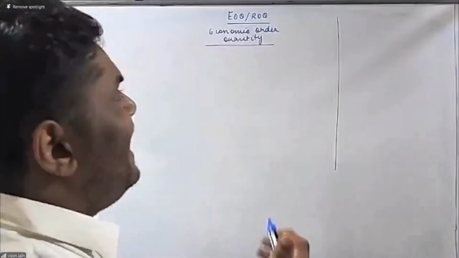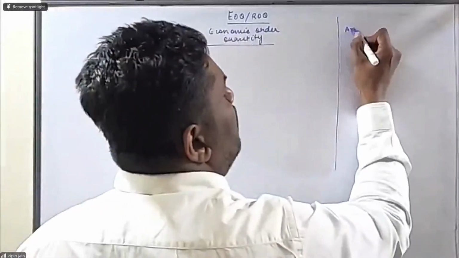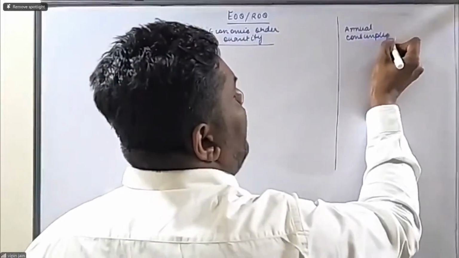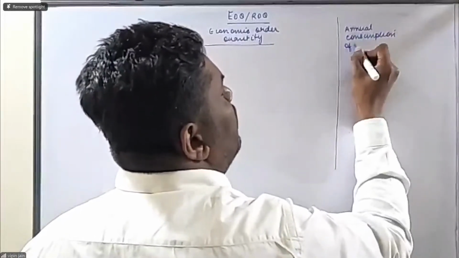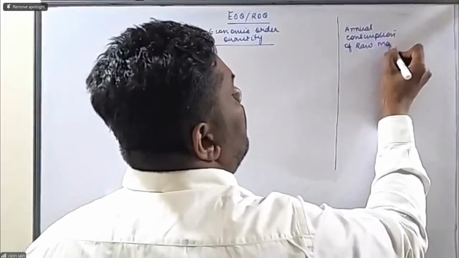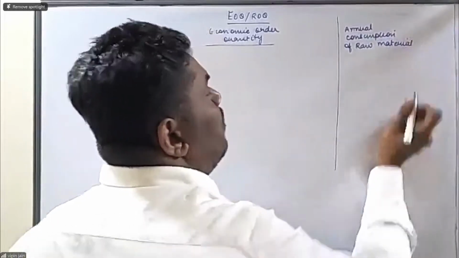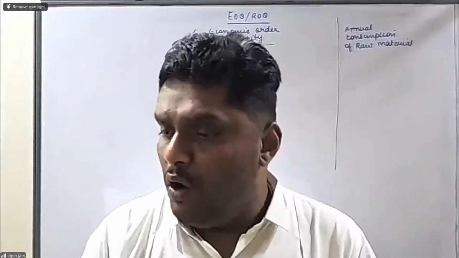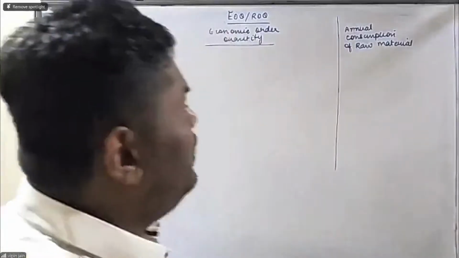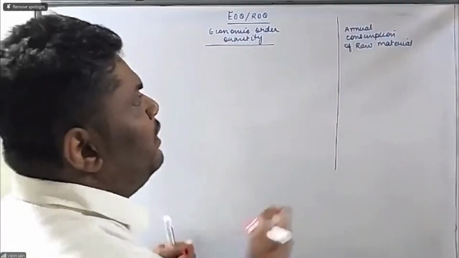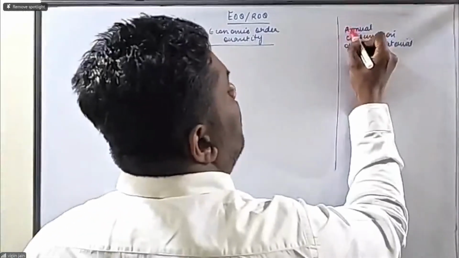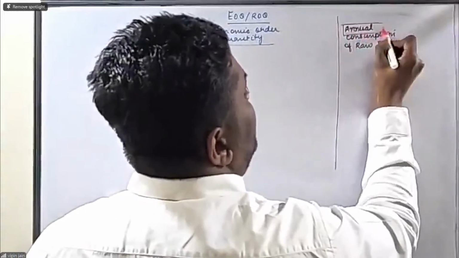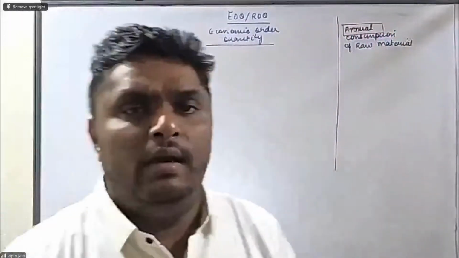The first one is the annual consumption of raw material. Very important, guys. This word annual is very important. So I'm double marking in red. Annual consumption of raw material.